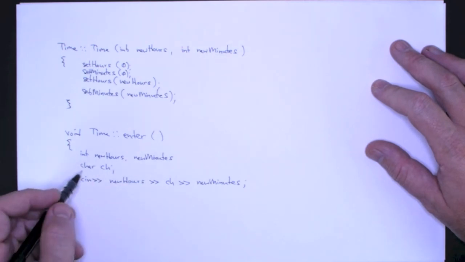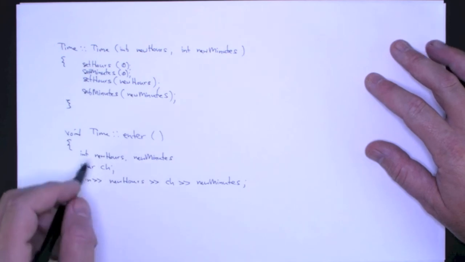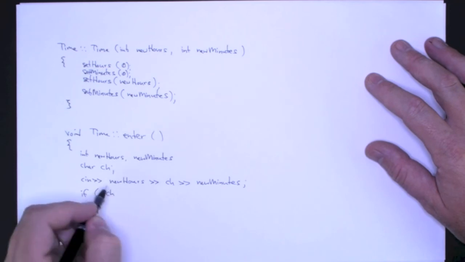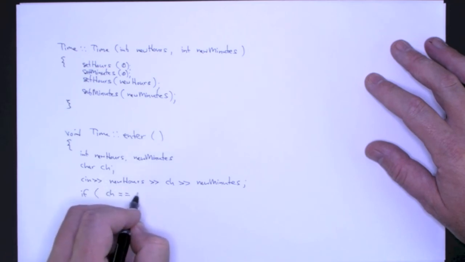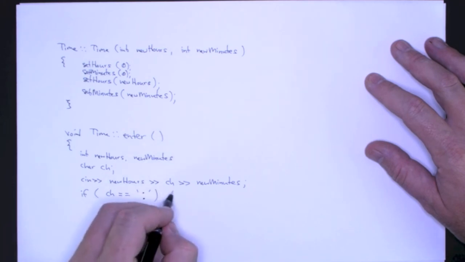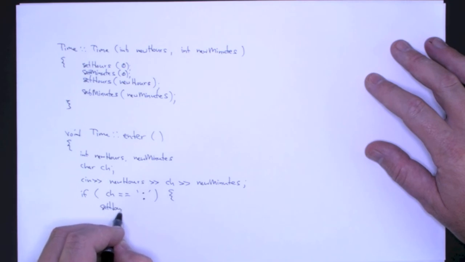Maybe you don't make these assignments. Maybe we should throw an exception. There are a bunch of different ways you could handle that. I think what I'm going to do is just check to make sure that ch is equal to a colon. And if it is, then I'll go ahead and try to make these assignments.